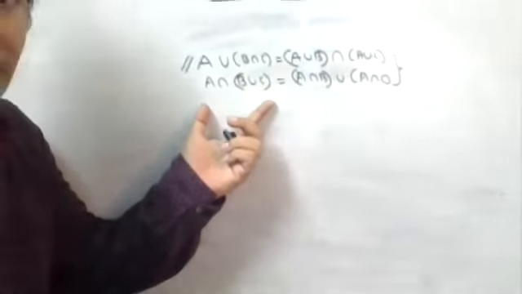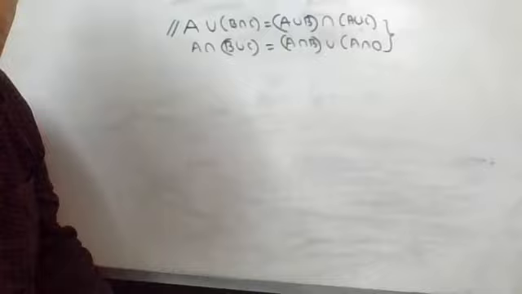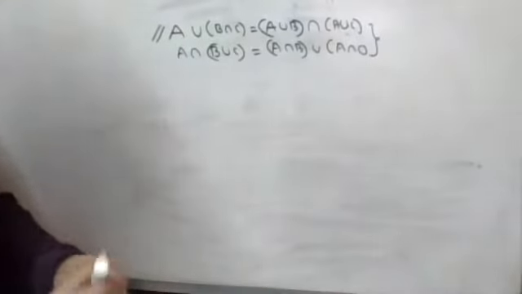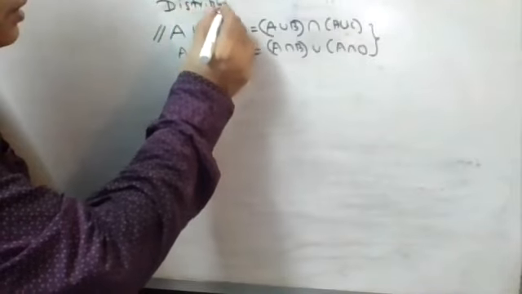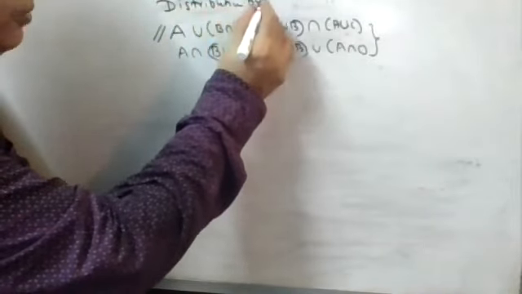You can establish the second one. And this is called the distributive property.